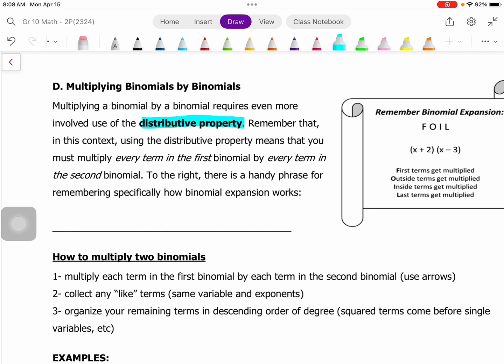But this time, because we have two terms in our first bracket, we are going to multiply every term in the first binomial by every term in the second binomial. And we have a term that can help us to remember how that happens, and it is called FOIL.